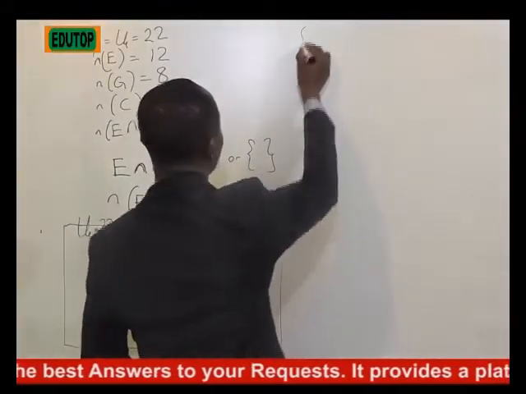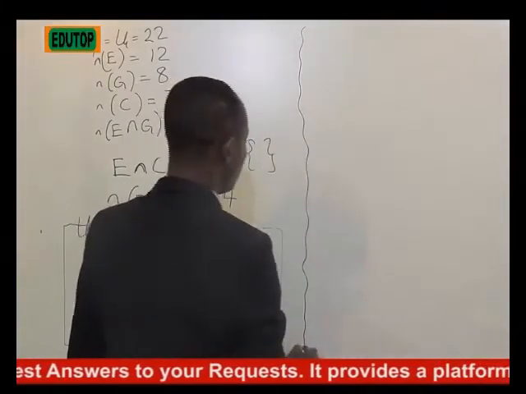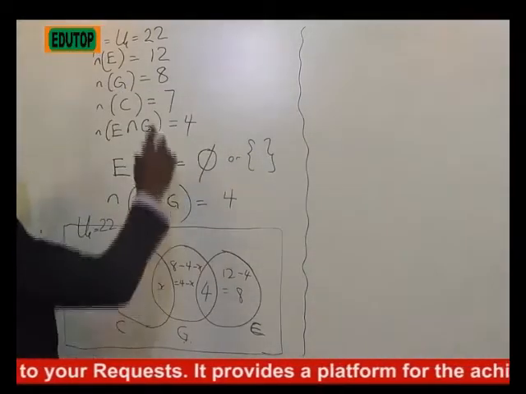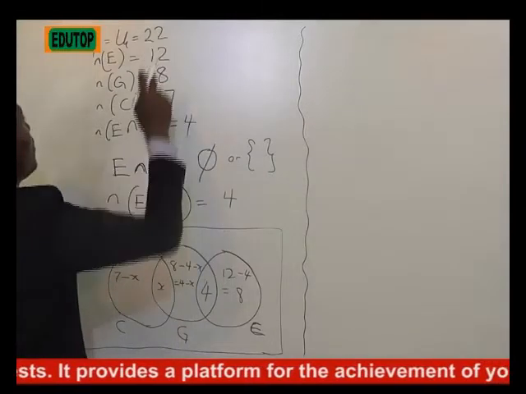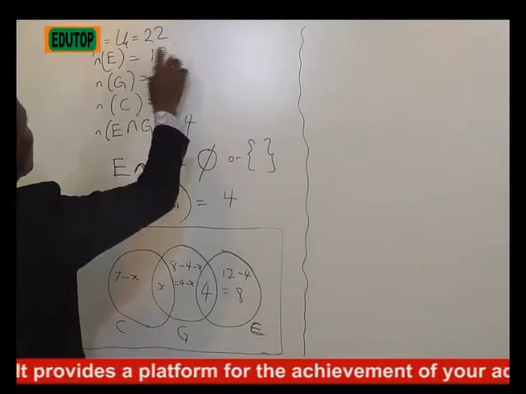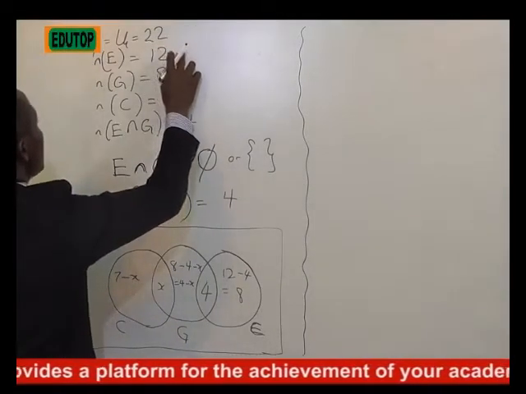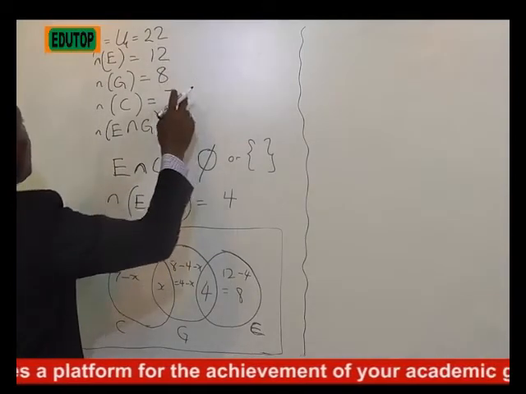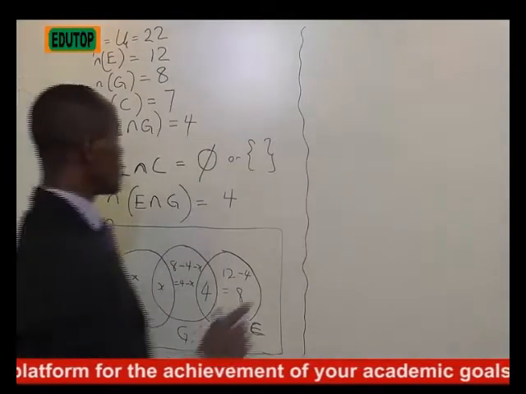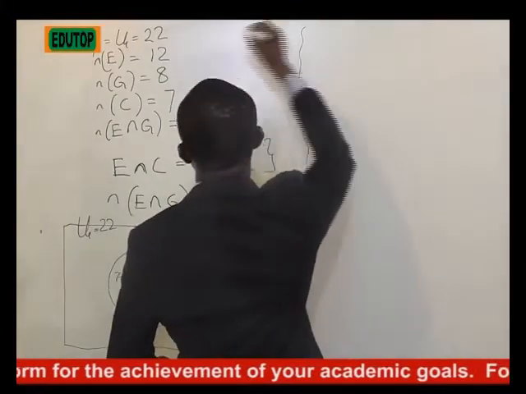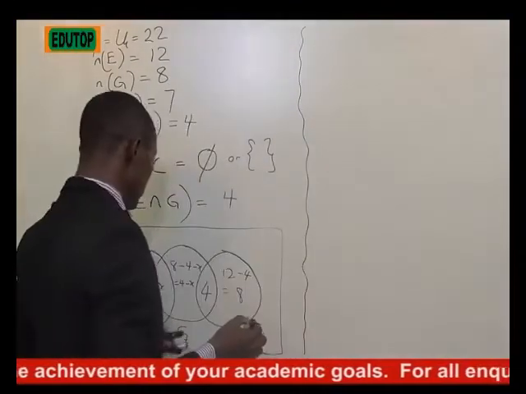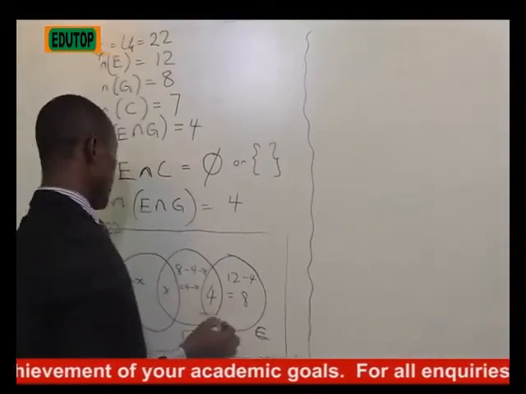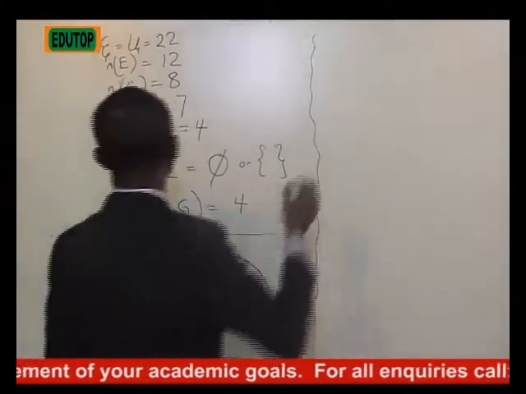All the students found in these 22 took either economics, government, or chemistry. That means we can easily say that our universal set, which is 22, is the union of C, G, and E.